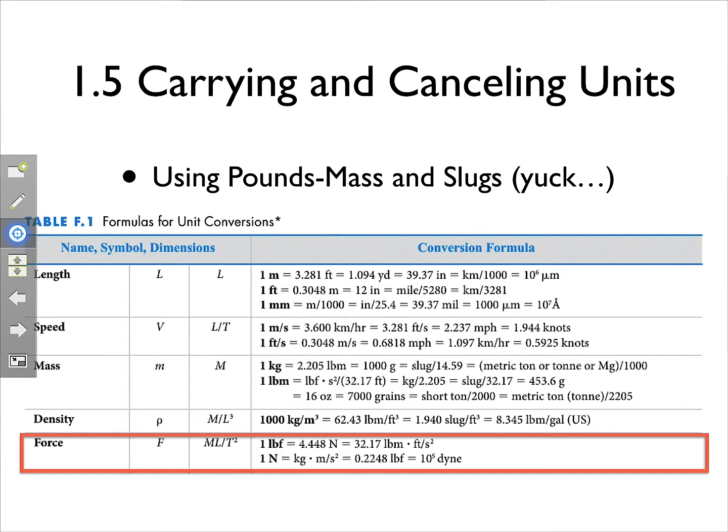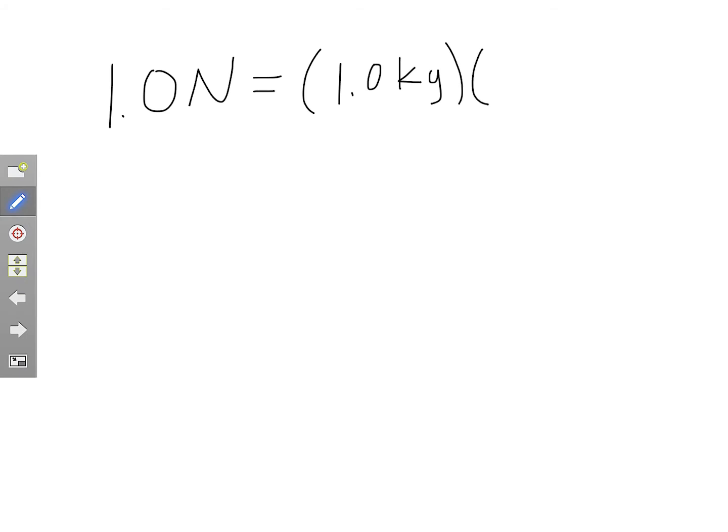And I wanted to make a point here that the book does, that there are some definitions here. 1.0 newtons, or 1 newton, is going to equal 1 kilogram times 1 meter per second squared. So that's a definition, actually, 3 bars.